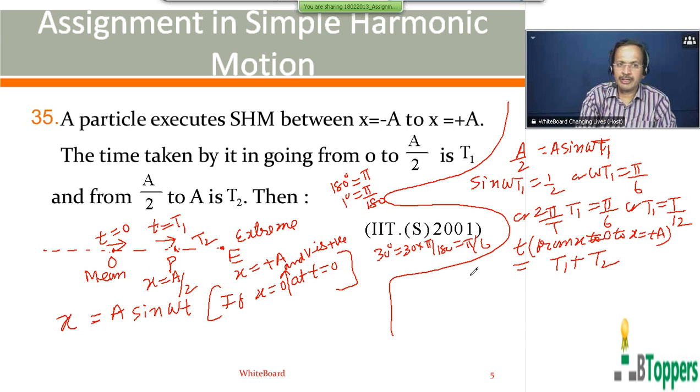As I discussed in the theory part, when the particle performs linear simple harmonic motion, the time taken by the particle to move from the mean position to one of the extreme positions is 1/4 of the time period. So you can write t1 plus t2 equal to 1/4 of the time period. Substituting t1 as T by 12, you can find t2.